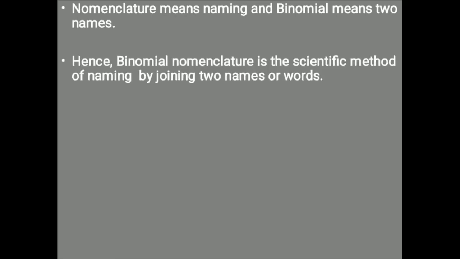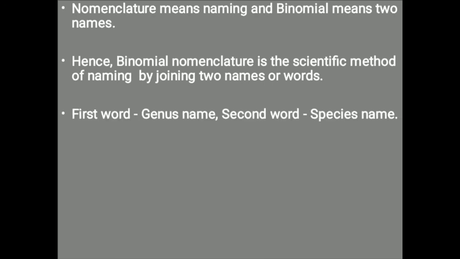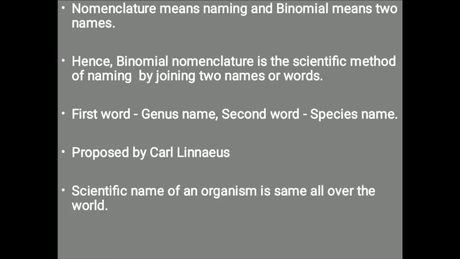Hence, binomial nomenclature is the scientific method of naming by joining two names or two words. The first word indicates genus name and the second word indicates the species name. And the scientific name of an organism is the same all over the world.